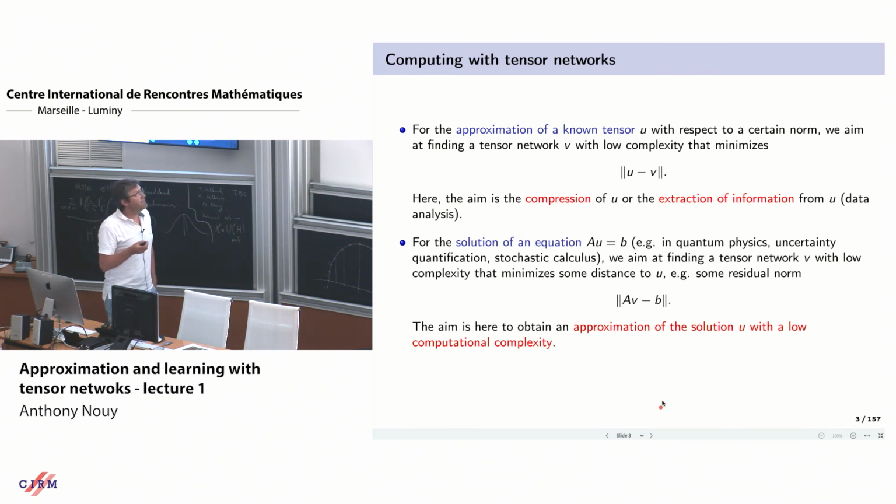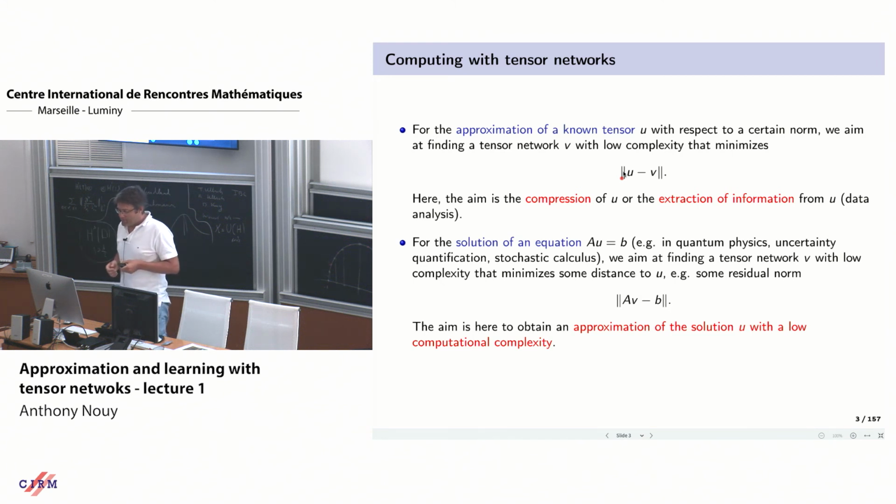And here you aim at finding a tensor network with a low complexity that minimizes some distance to the solution U. So here the aim is the compression of information, compressing your tensor U with an object having lower complexity, or the extraction of information from U.